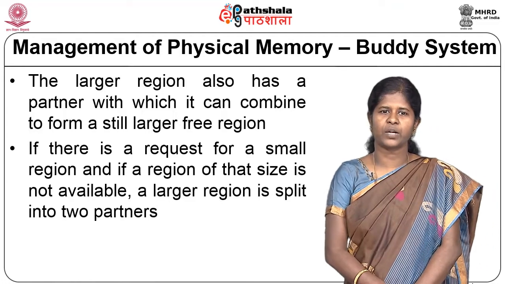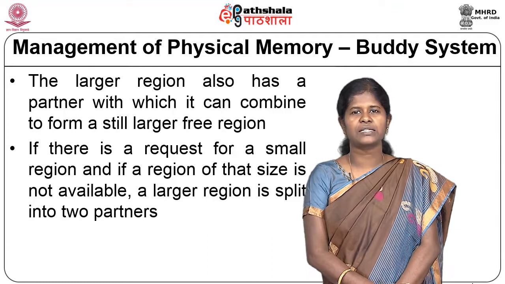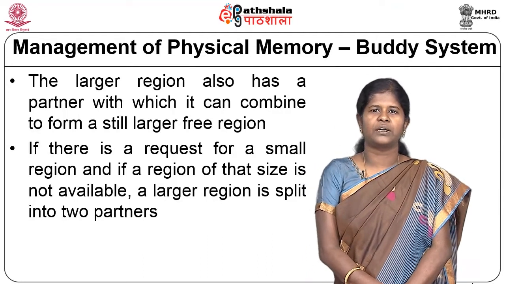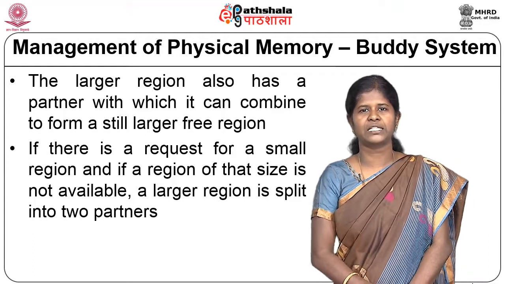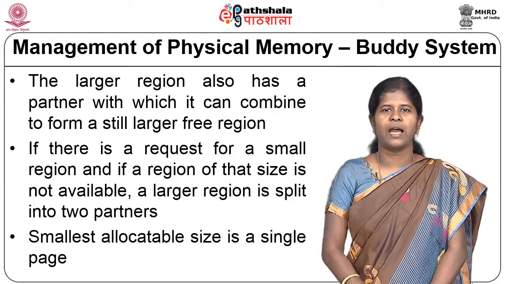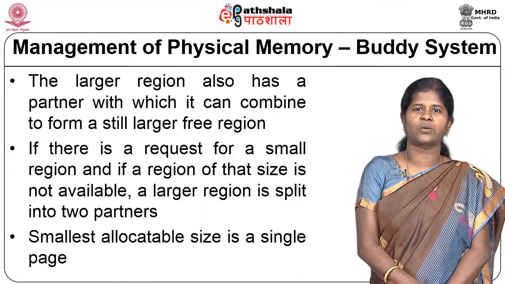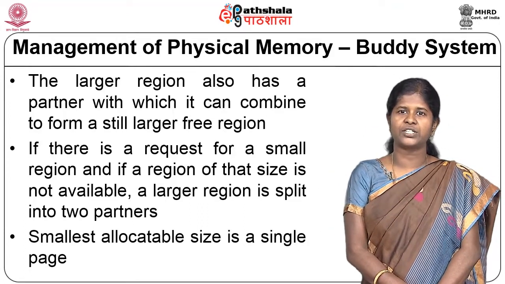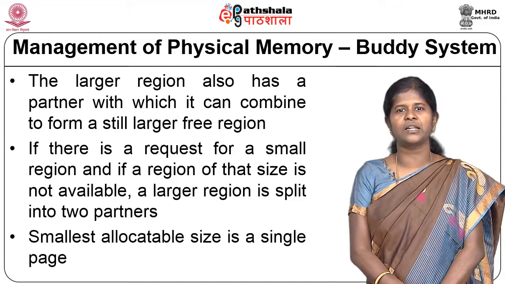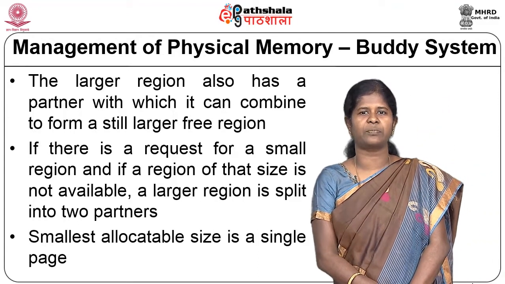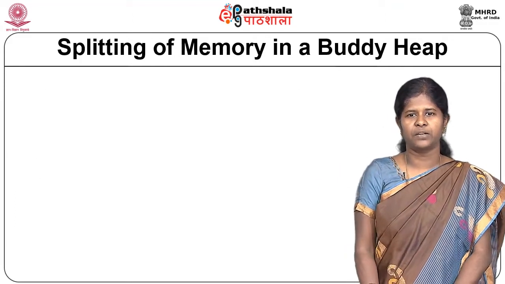If there is a request for a small region and that region size is not available, then a larger region is picked up and it is split into two partners, and those two partners are checked to see if you can allocate for the smaller request. If it is still larger, it will again be split into two more partners, but the splitting can happen till it goes to the size of a page, that is, the smallest allocatable size is a single page.